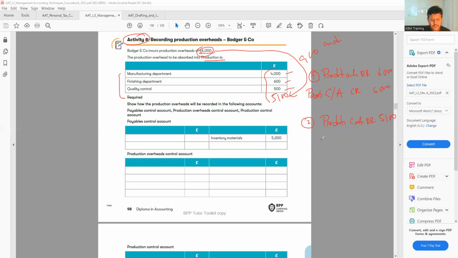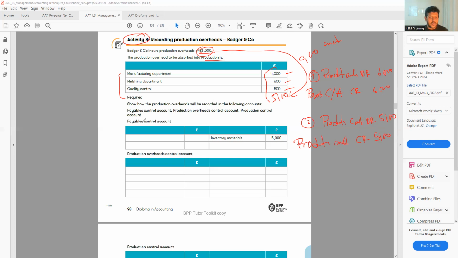And we have a production overhead control account, production overhead will be credit 5,100. Now this information we need to record on the ledger account.